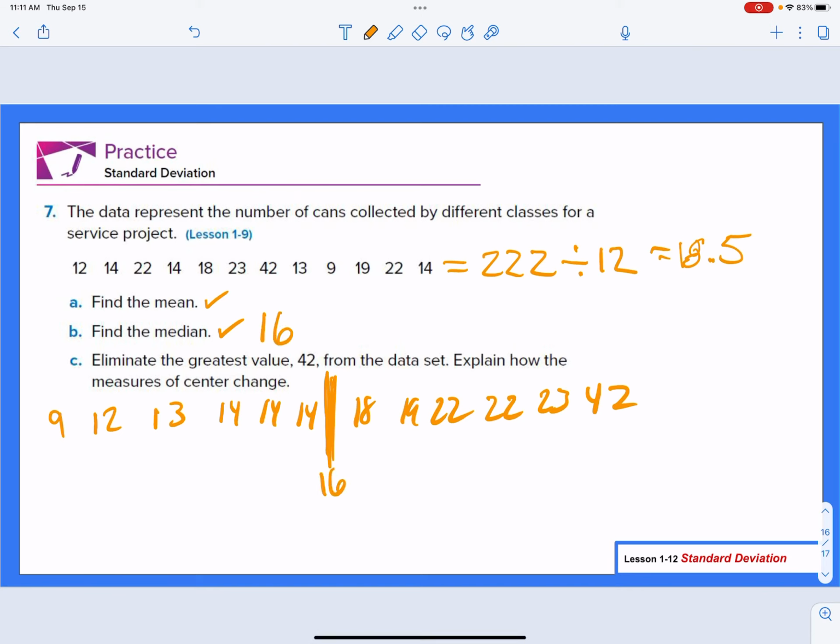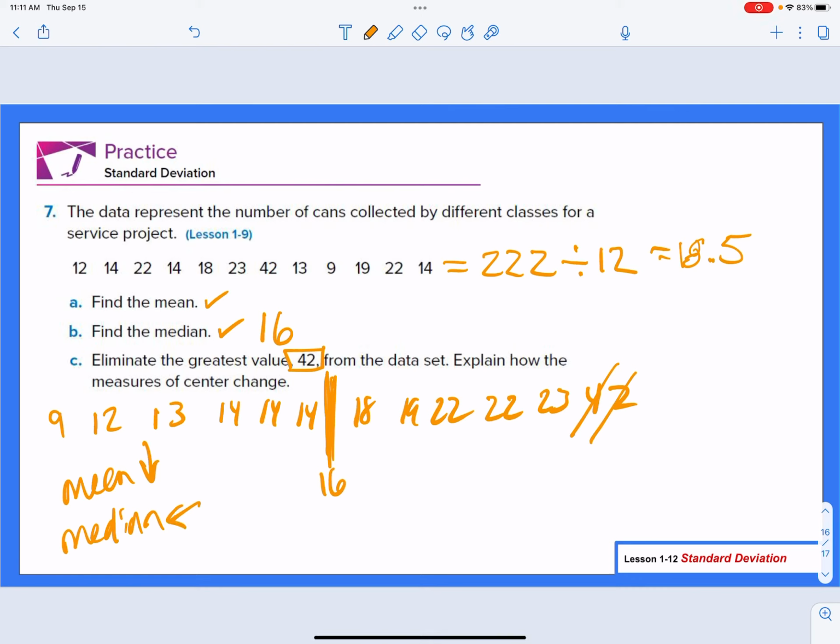If we eliminate the greatest value, 42, from the data set, how does the measure of center change? Well, a couple things. One, I'm getting rid of a large number, so my mean is going to decrease. Secondly, because I'm getting rid of a number this way, my median is going to go backwards one spot.